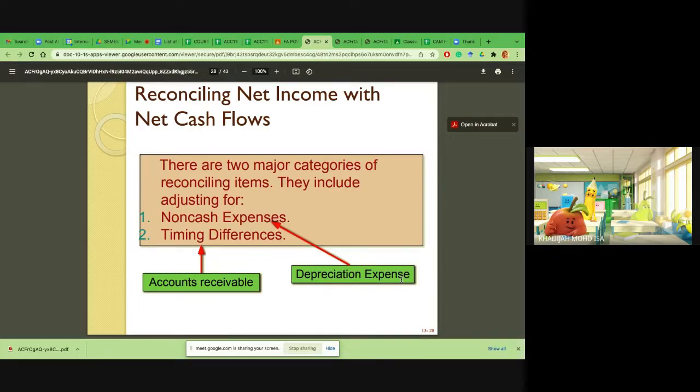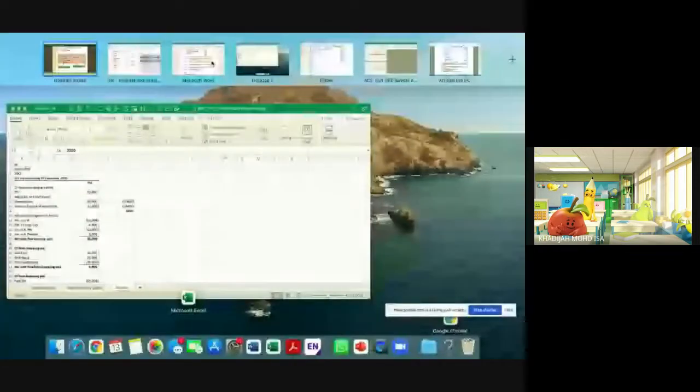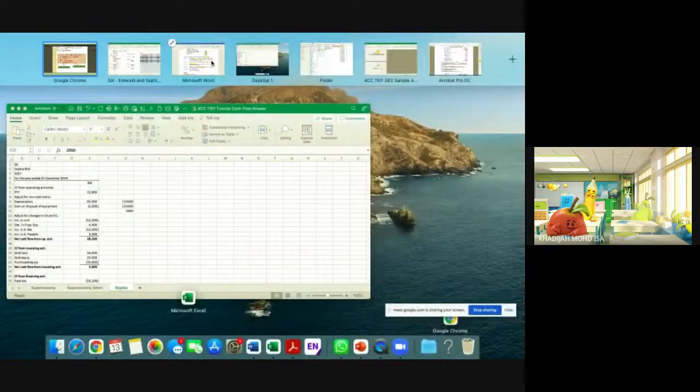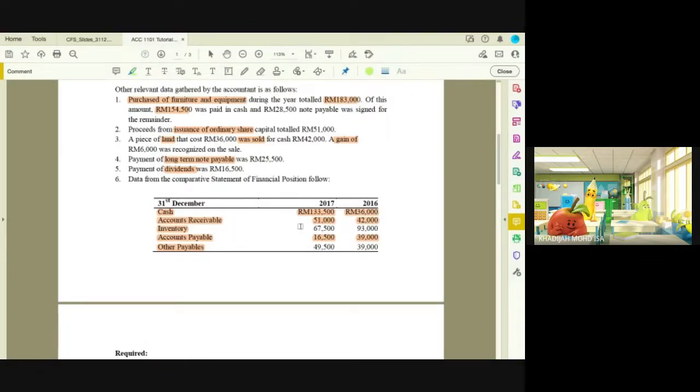You're going to look at your current assets and your current liabilities. Remember that the question gives you the statement balances of your current assets and current liabilities.